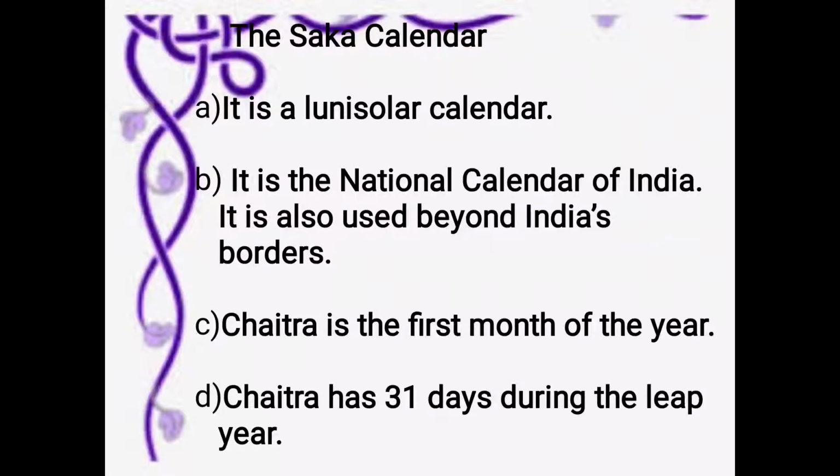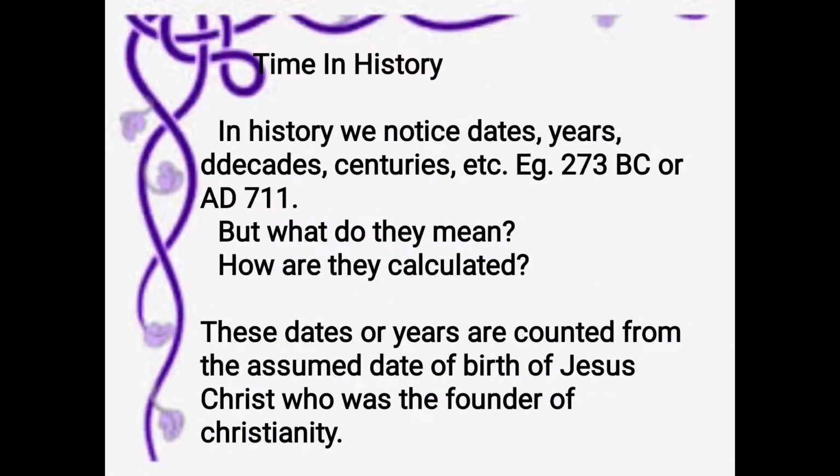Gregorian is a solar calendar, Saga is a lunisolar calendar. January is the first month of the year in Gregorian calendar and Chaitra is the first month of the year in Saga calendar. February has 29 days during leap year and Chaitra has 31 days during the leap year. So these are the differences which we have to keep in mind of Gregorian calendar and the Saga calendar.